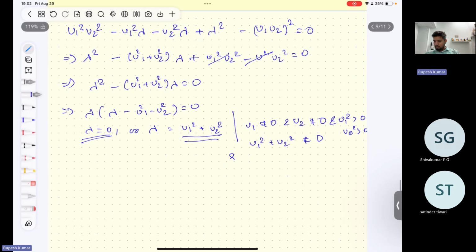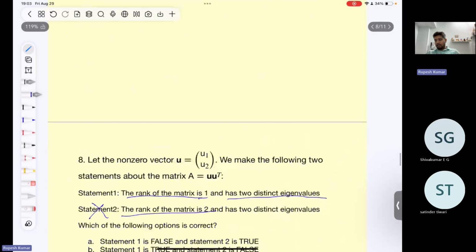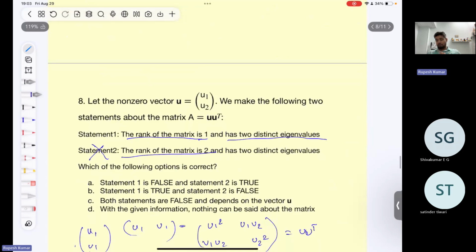Let's call these equation 1, equation 2, and equation 3. Equations 1, 2, and 3 say lambda 1 equals 0 is not equal to lambda 2, which equals u1 squared plus u2 squared. So there are two distinct eigenvalues, and the matrix is rank deficient, rank 1.